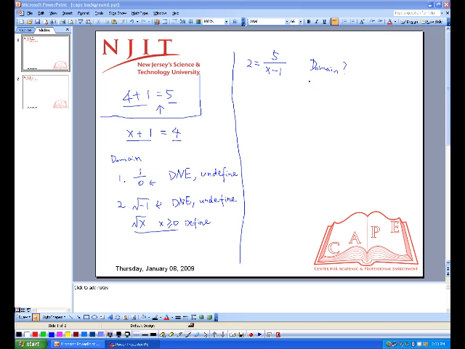Well, where is it undefined? Well, we know that 2 is always defined, but in 5 over x minus 1, the denominator cannot be 0. So if x minus 1 is equal to 0, then this is undefined, or does not exist.